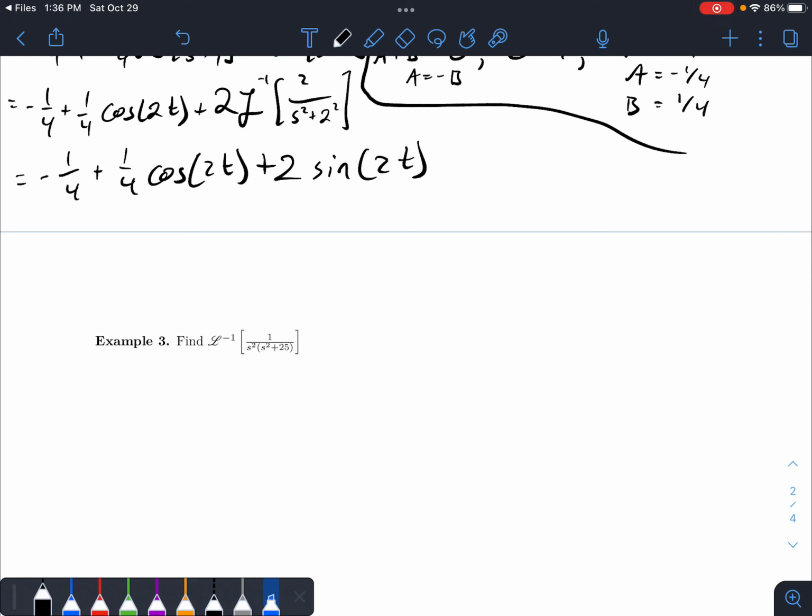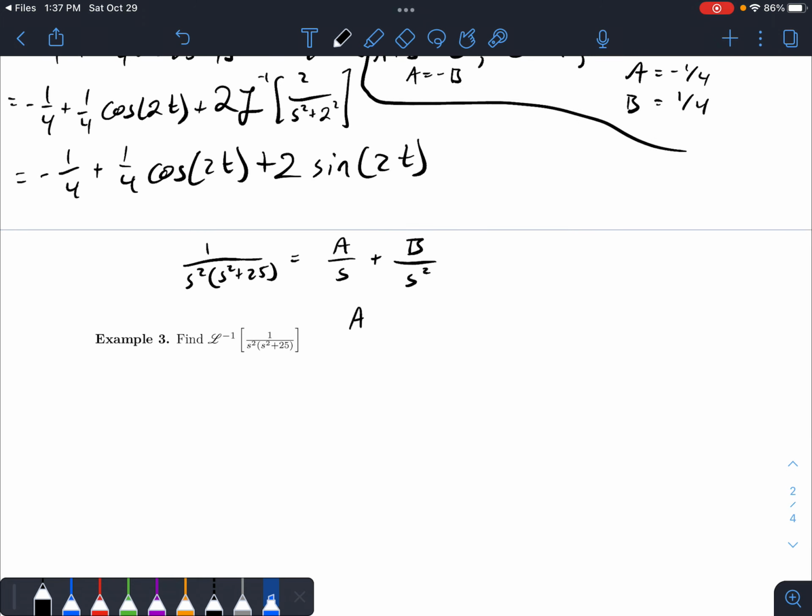So I think you should probably try this one. If you don't remember how to split this up with partial fractions, the way we are going to do that would be s squared over s squared plus 25 equals, so I've seen a couple ways to do this one.